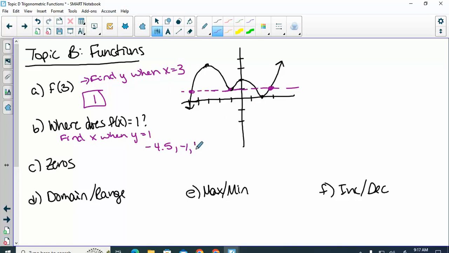This looks like about 1.5 and 3. Do you guys understand the difference in how those two questions are phrased? f of x together represents the y value.